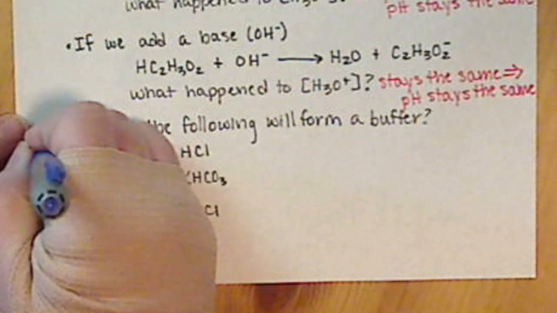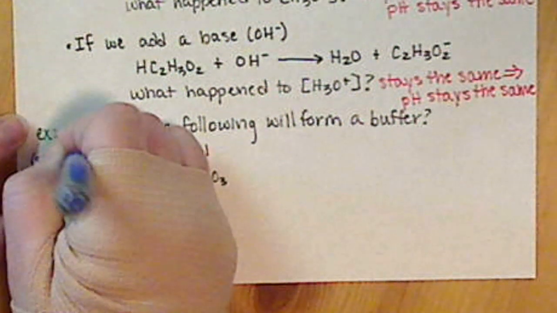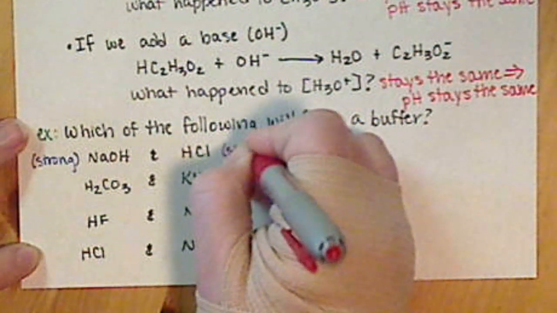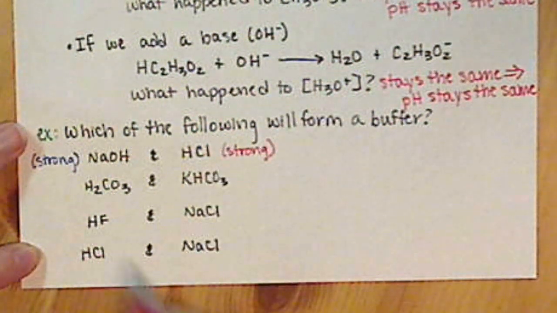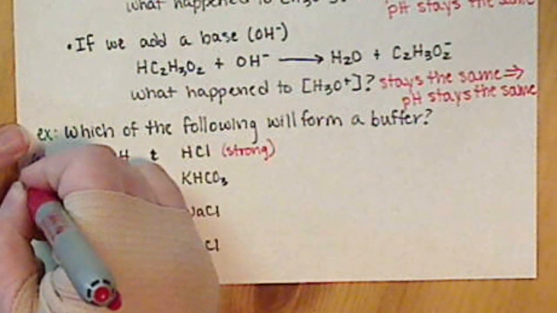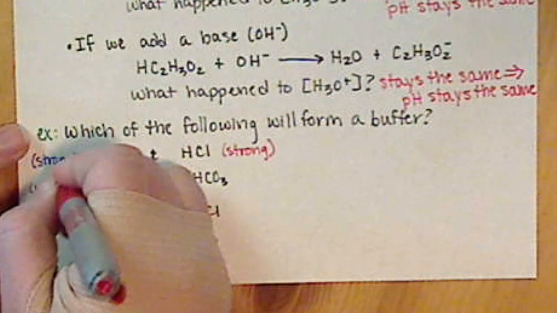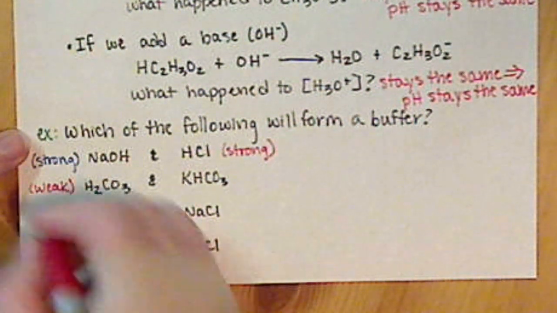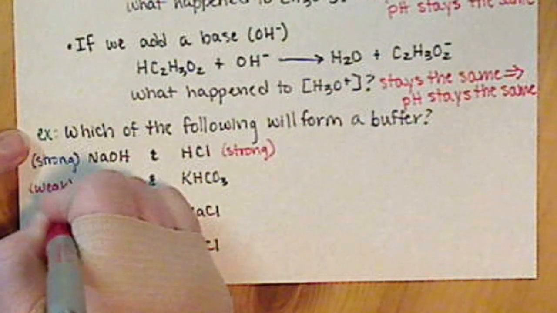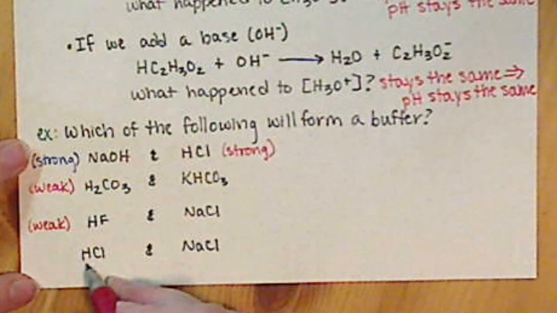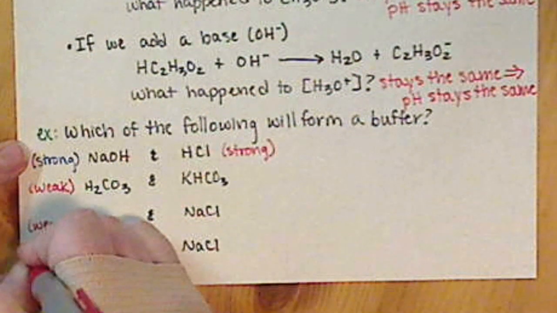Sodium hydroxide is a strong base. HCl is our acid, and it is strong. H2CO3, this is an acid, and it is weak. Hydrogen fluoride, this is a weak acid. Hydrofluoric acid. And HCl, this is a strong acid again.